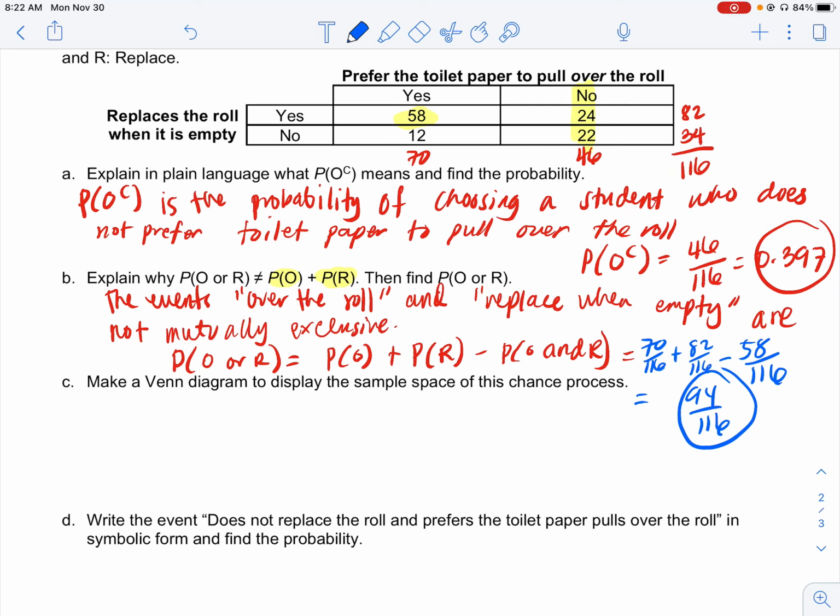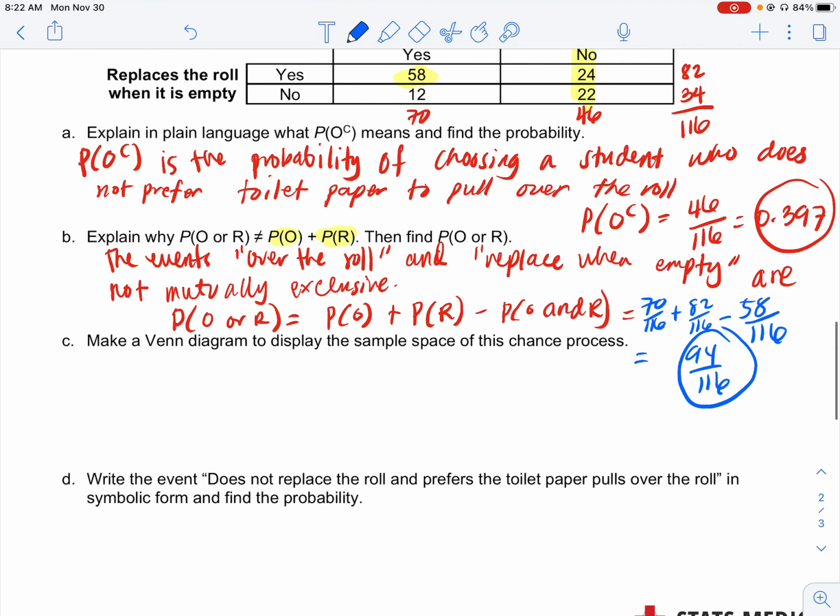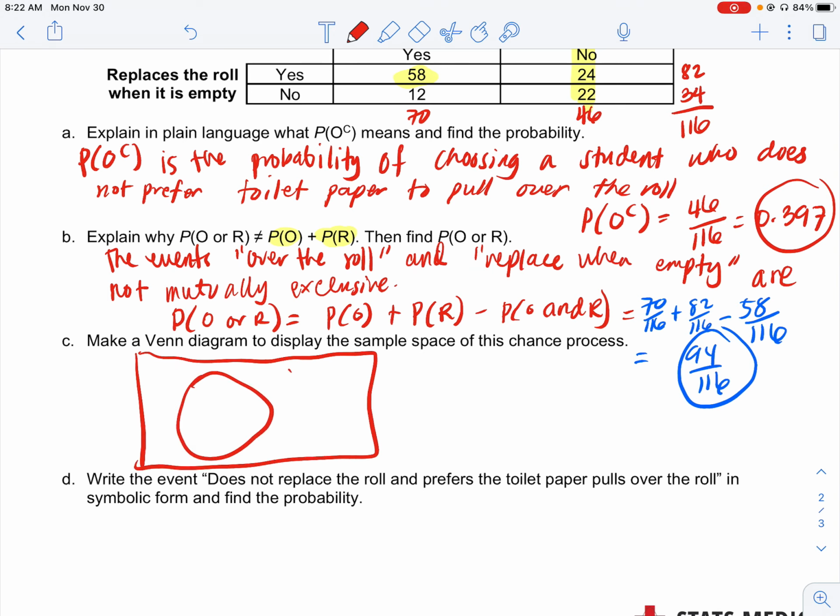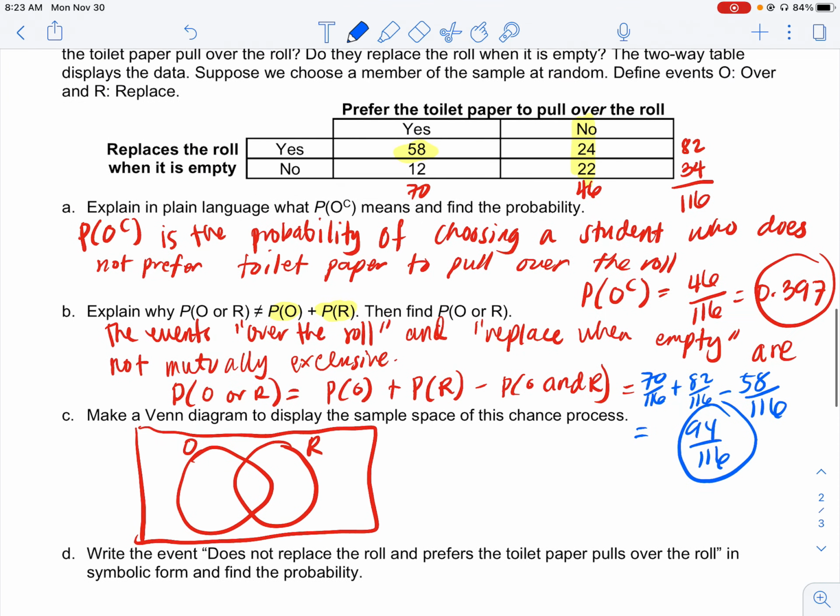Make a Venn diagram to display the sample space of this chance process. So let's make a Venn diagram. It should not be hard for you guys because I put that on the top already. So this is over and this is replace. Remember, when you do a Venn diagram, you do the middle first. How many people said yes to over and yes to replace? That's 58 people.